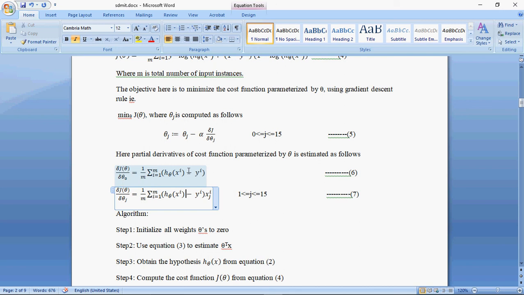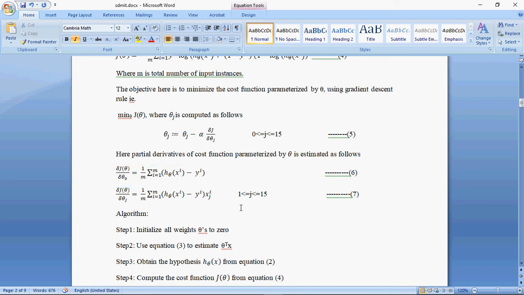It is 1 over m times the sum, from 1 to m, of the predicted output h theta minus y, your desired output. That's how you obtain ∂J/∂theta naught.